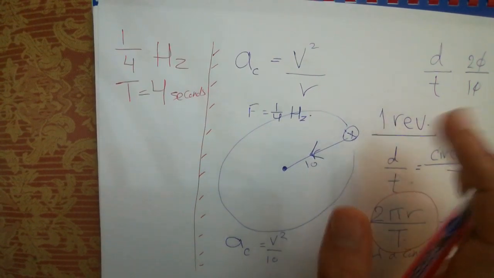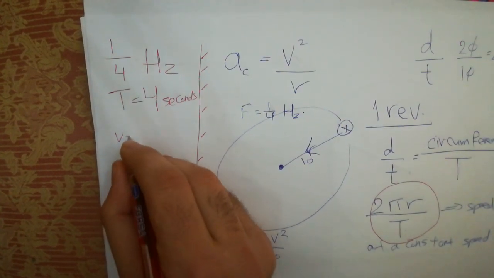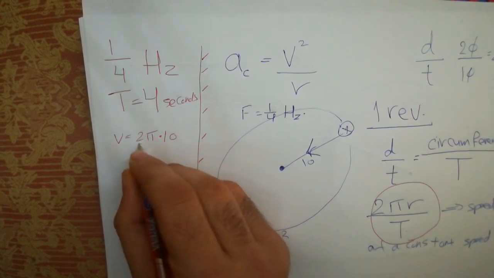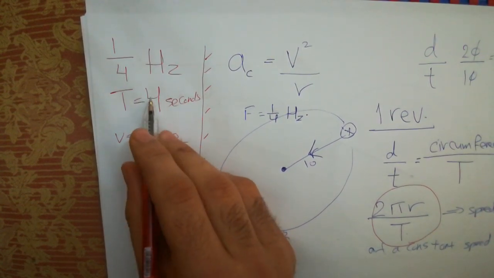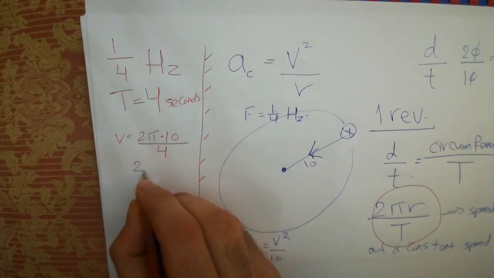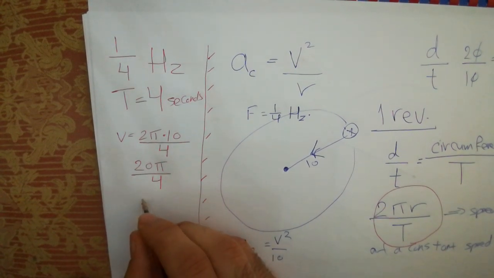So we're going to bring the speed equals 2 pi multiplied by the radius, which is 10, divided by T, which is going to be 4. Which is that, well, that is going to be 20 pi divided by 4. And 20 divided by 4 is 5 pi.